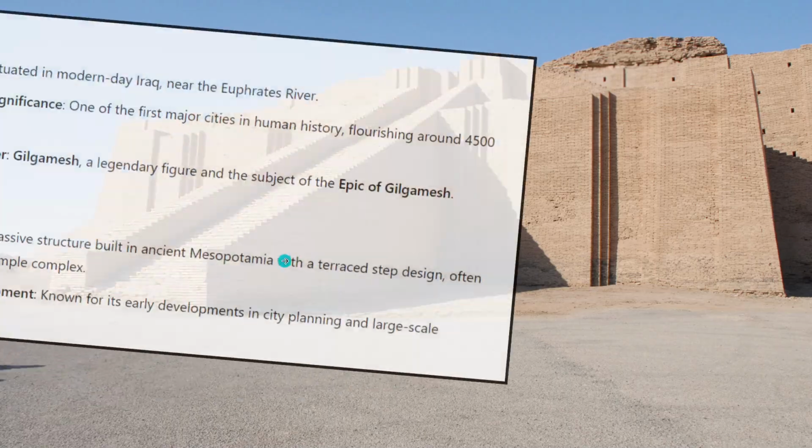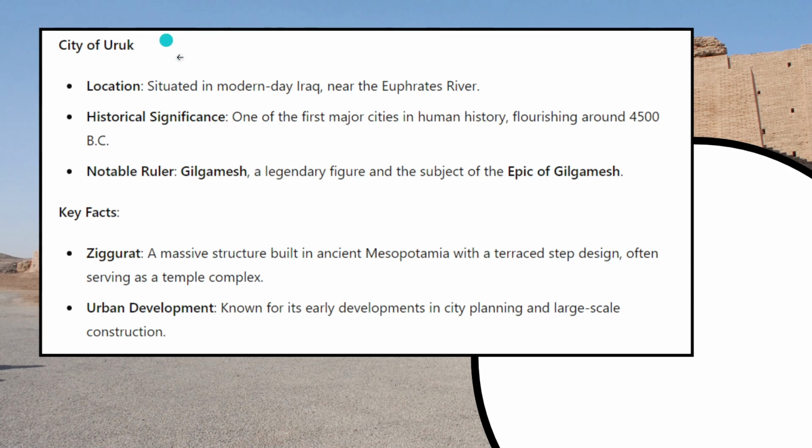You'll see it as one of the oldest in existence brought up when you study a little bit deeper into ancient lit. The city of Uruk, its location is that it was situated in modern day Iraq near the Euphrates River. Its historical significance is it was one of the first major cities in human history, flourishing around 4500 BC. And you have a notable ruler, Gilgamesh, a legendary figure and the subject of the Epic of Gilgamesh. Some key facts: you need to know the term ziggurat.